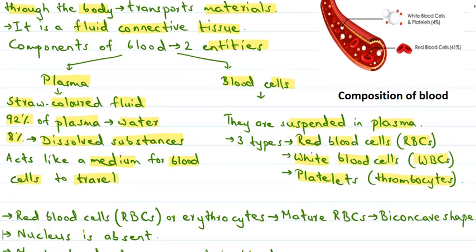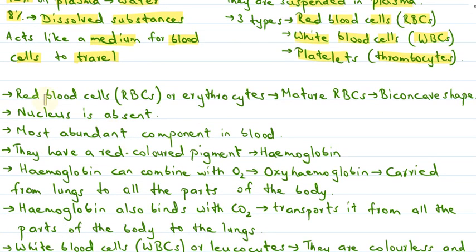So then we studied about the red blood cells first, which are also known as RBCs or erythrocytes. So mature RBCs have a biconcave shape. In them, that is in RBCs, nucleus is absent, and these RBCs are most abundant component in our blood.